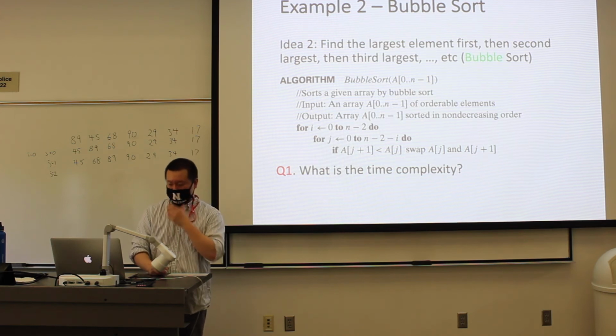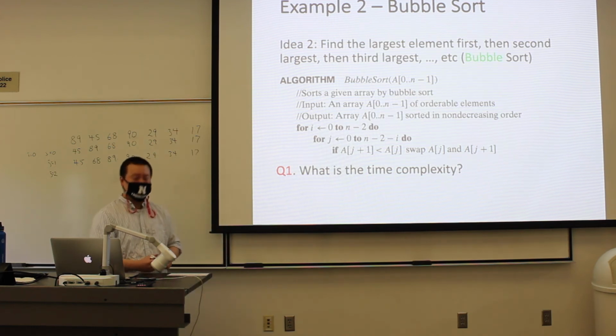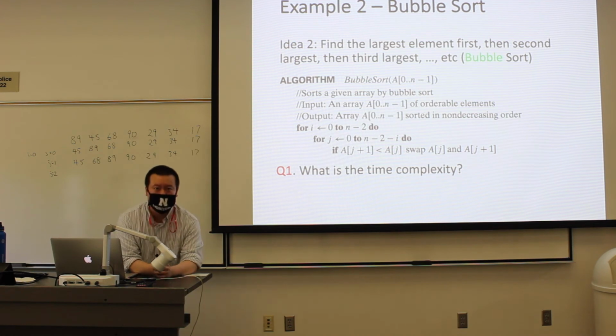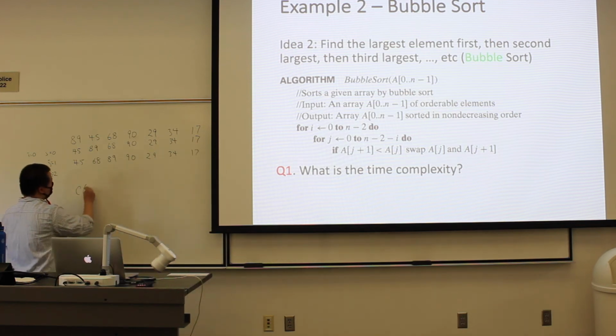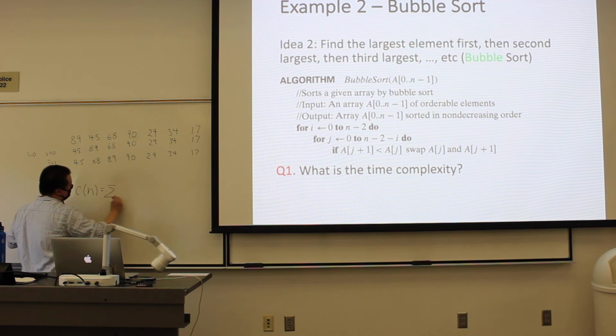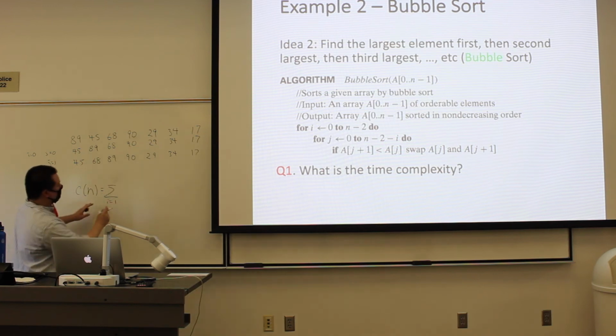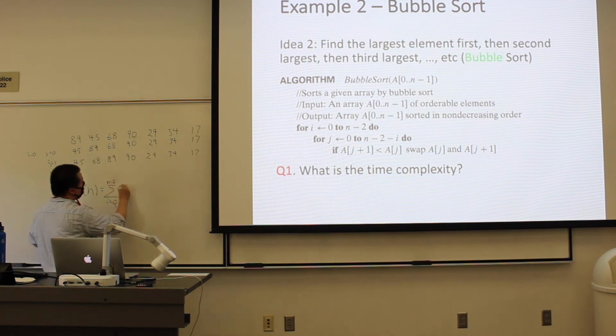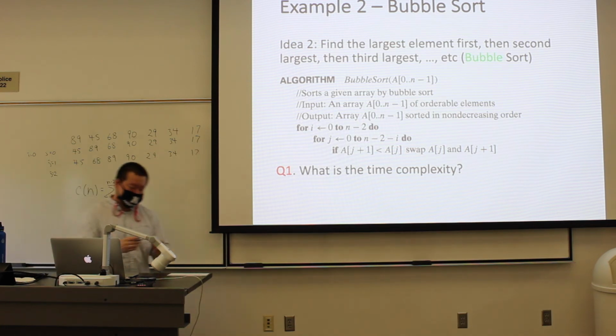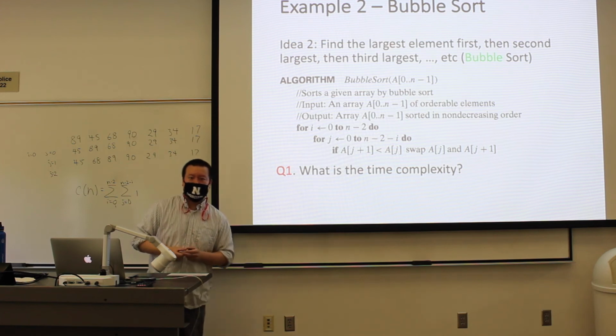So it'll be two summations, one from 0 to n minus 2, and the other one, the inner summation, from 0 to n minus 2 minus i. Again, this is similar to what we saw earlier, and we can solve this.